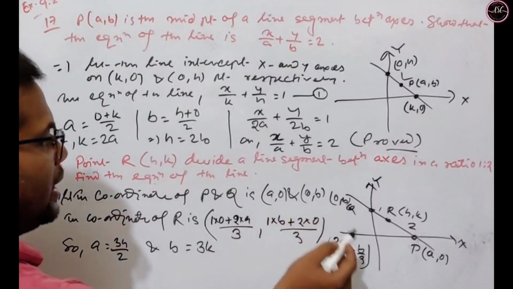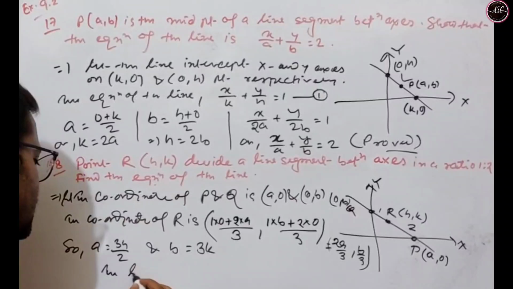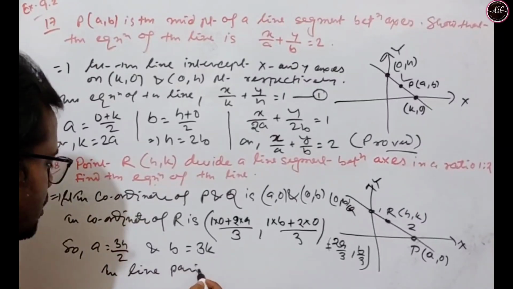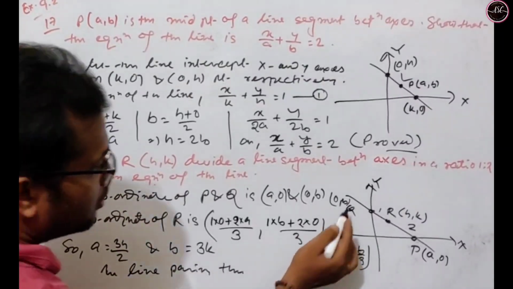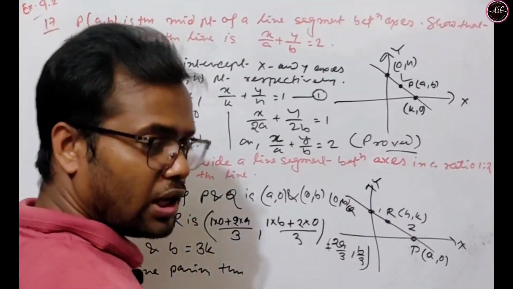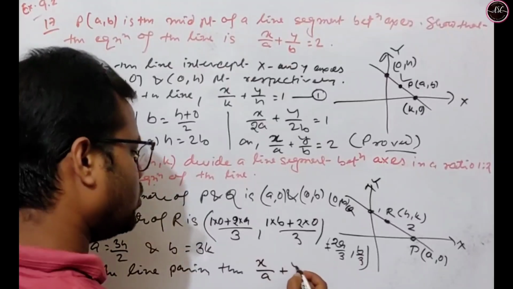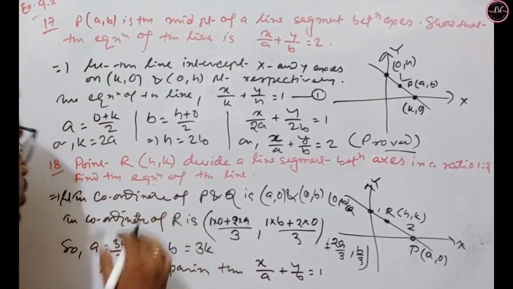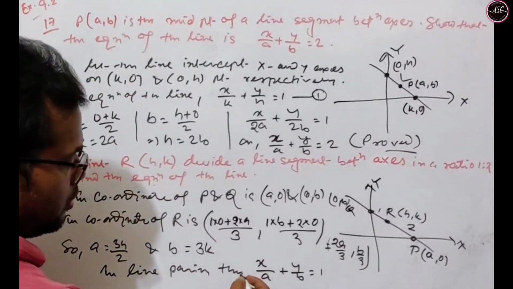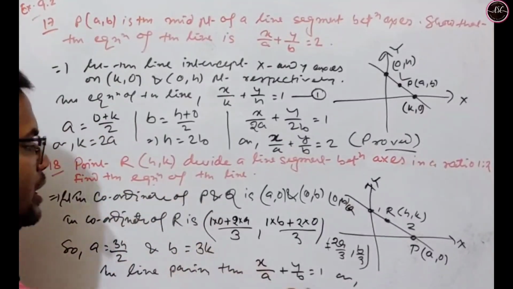And the line passes through (a, 0) and (0, b), that means the intercept form. So x by a plus y by b equal to 1 is the equation of the line. Just put the values of a and b here.